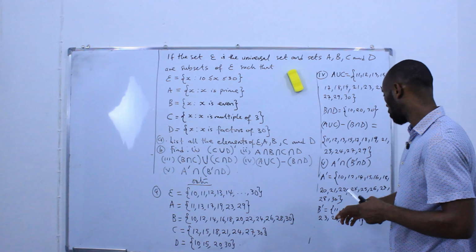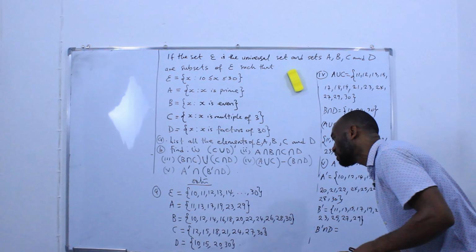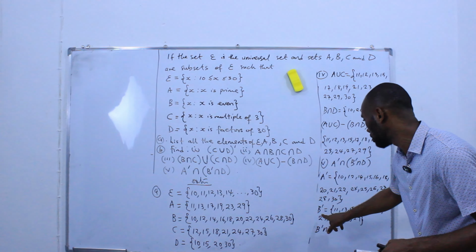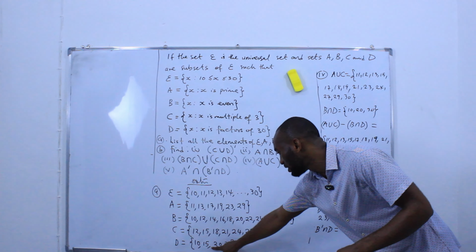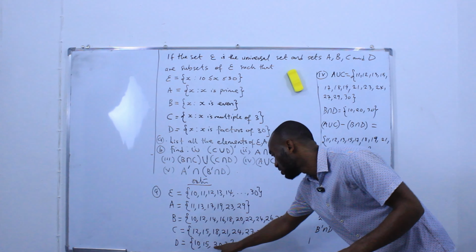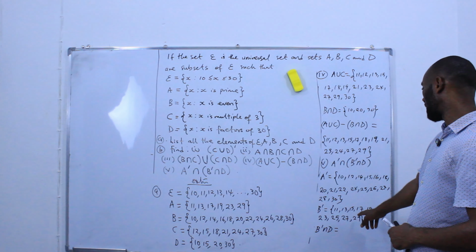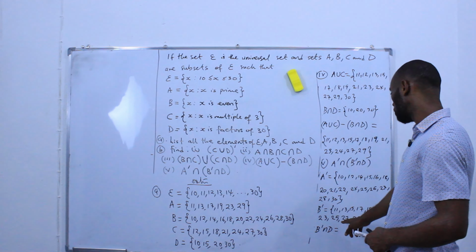So the intersection of B complement and D is simply what is common between B complement, this new set, and our already existing D. Okay, so we have 10, 15, 20, 30, and I cannot see 10 here, but 15 is there. I can't see 20 and 30.